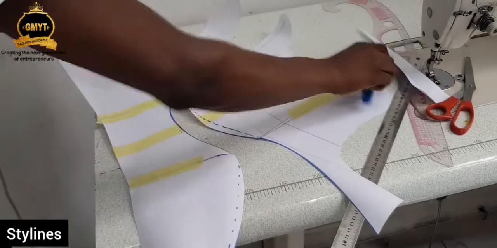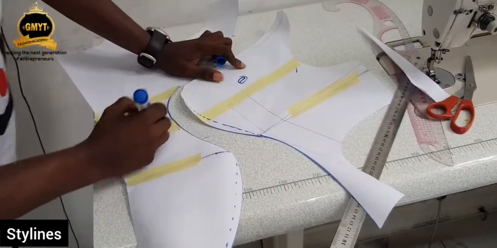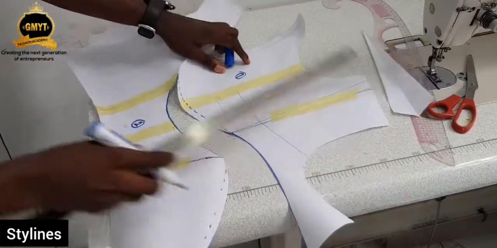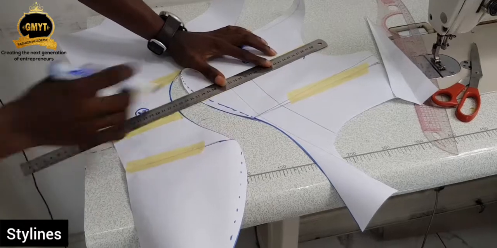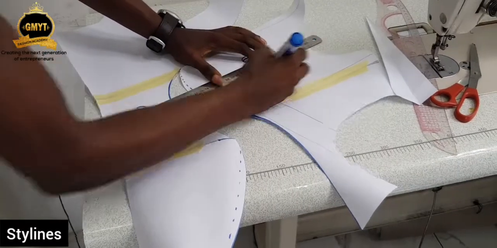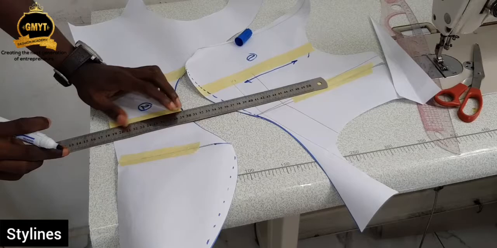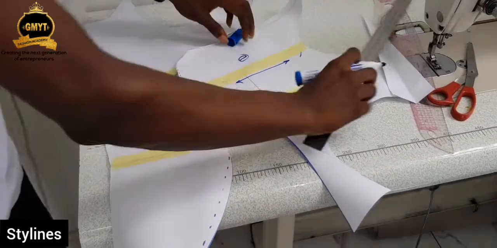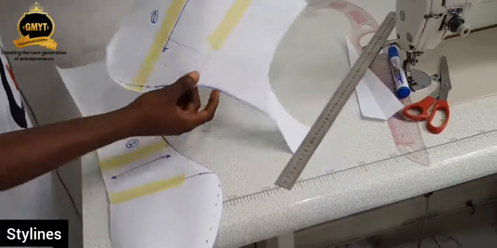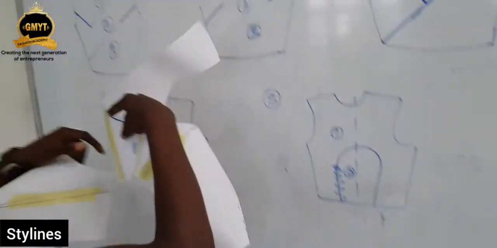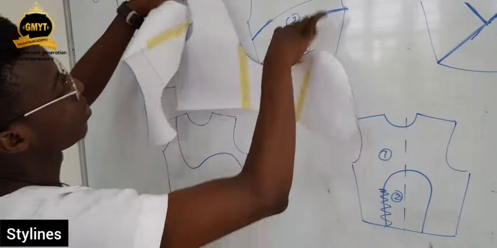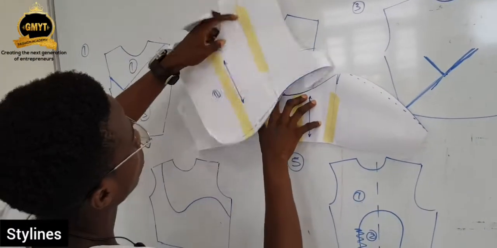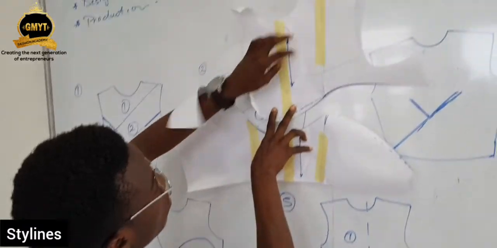So with what I have here now, I have my first piece and I have my second piece. I put in my grain line. So I have my second piece here, and I also have my first piece.